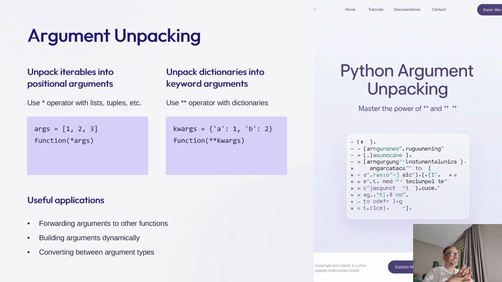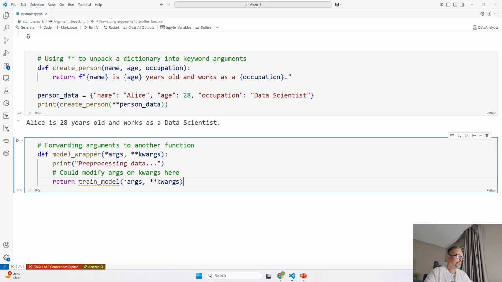Suppose I pass positional arguments as well as keyword arguments; I can take that as input for a function, pass it as input to another function, and return the value of that other function from the current function. I will explain this once we go to the code.